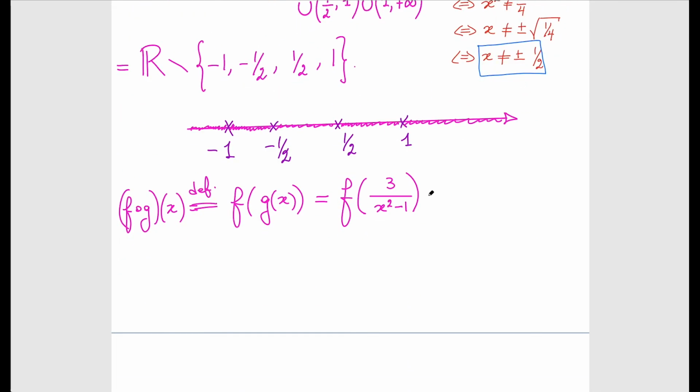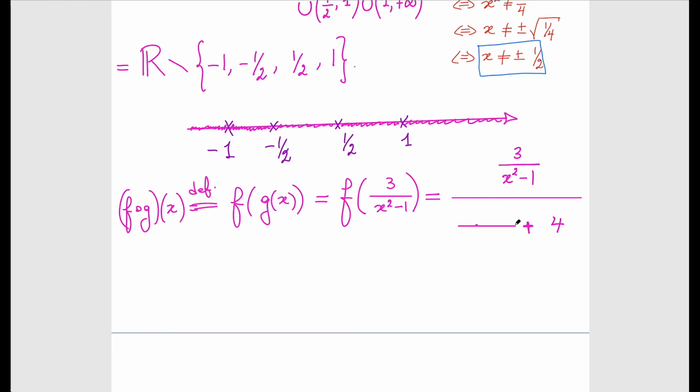So this is then equal to the quotient of the star, so 3 over x squared minus 1, divided by the star plus 4, right? This is what the recipe is, and the star here is this guy.